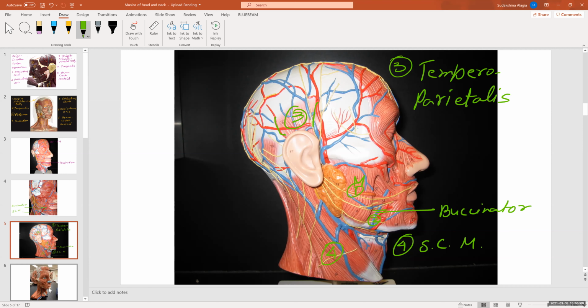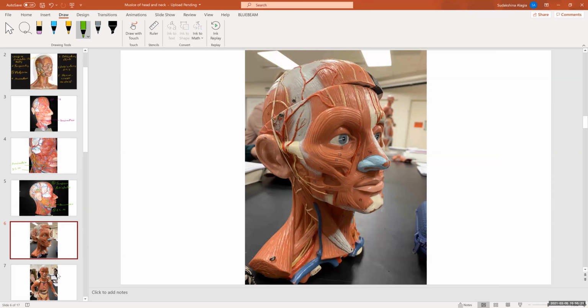Okay. So moving on to the next one. Make sure you have identified the muscles we have studied already. You can see masseter, buccinator, oculi, oris, frontal belly, temporoparietalis, sternocleidomastoid.